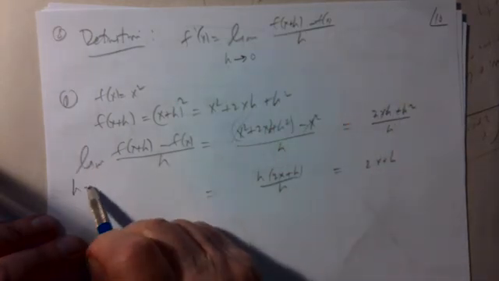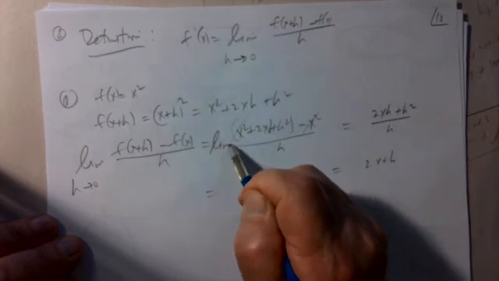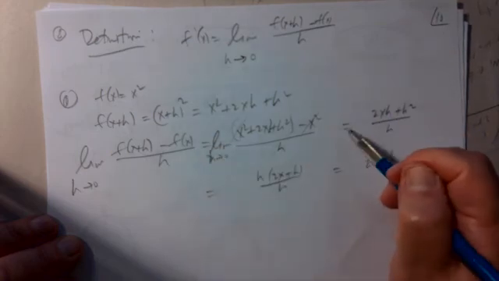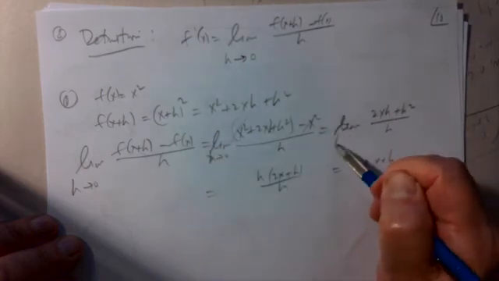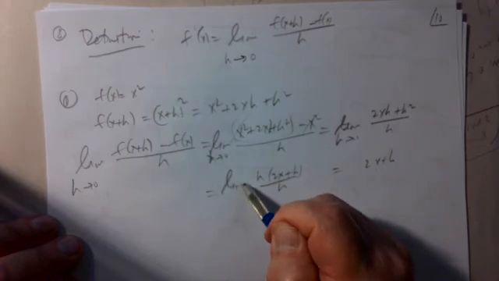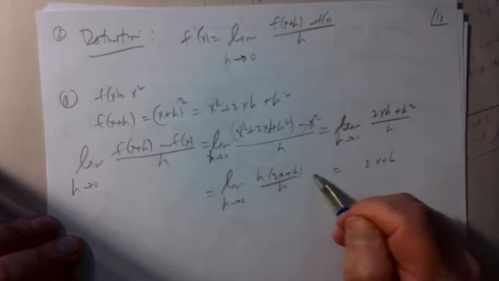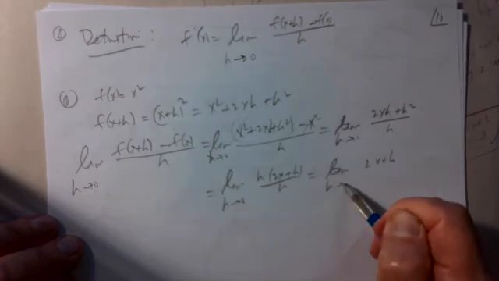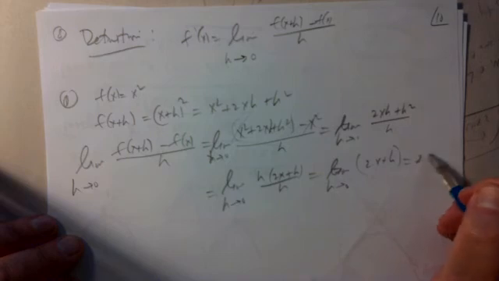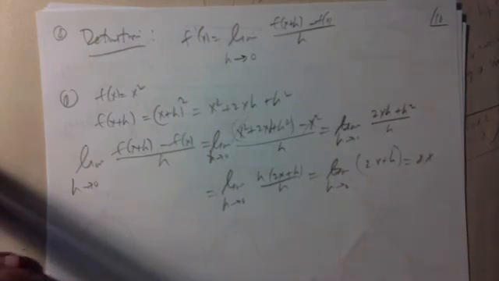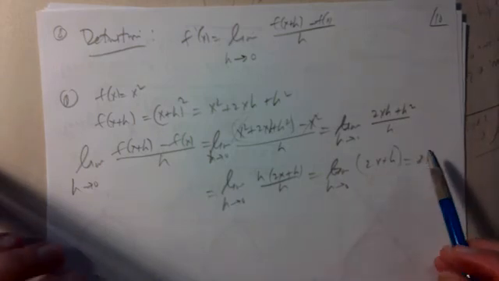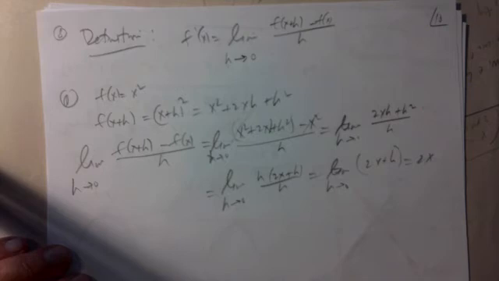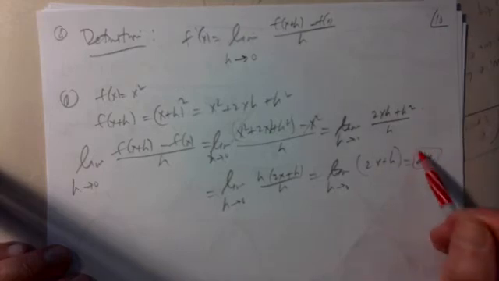So I take the limit as h goes to 0. And as h goes to 0, we get 2x. So that's the proof that the derivative of x squared is 2x.